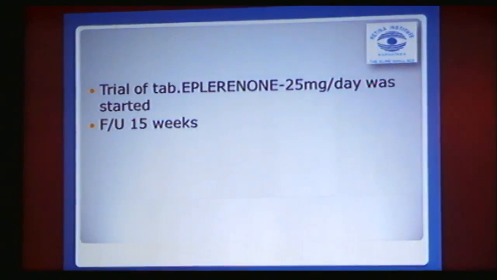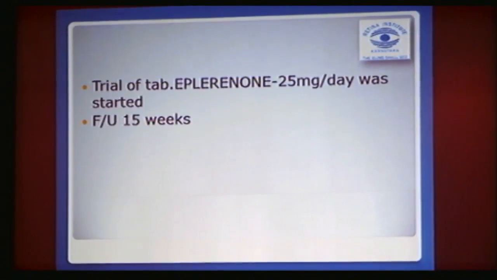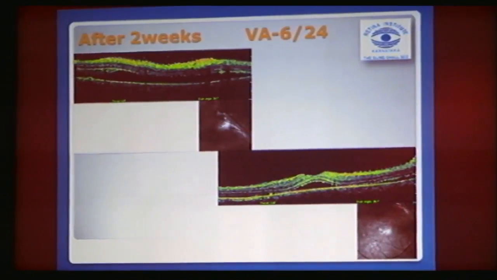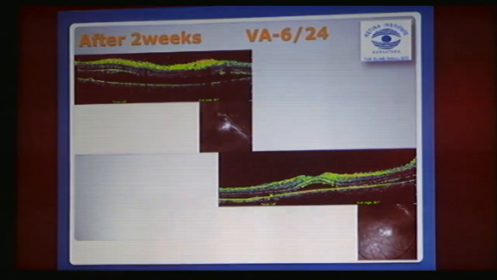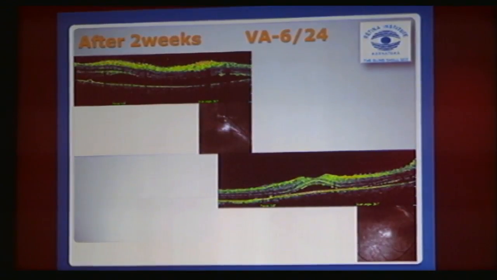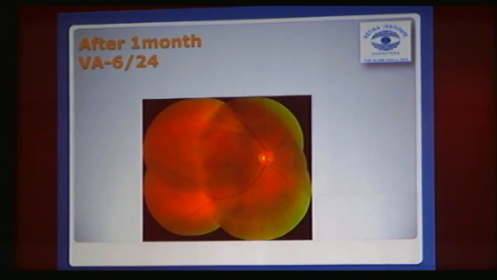Then we started a trial of tab eplerenone 25 mg per day and asked the patient to review after 2 weeks. After 2 weeks, the visual acuity improved to 6/24. I'm sorry, I don't have the fundus picture. There was a decrease in the subretinal fluid and the macula showed minimal SRF with neurosensory detachment.